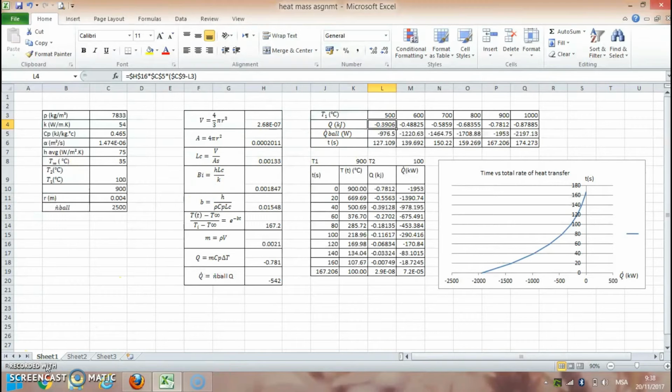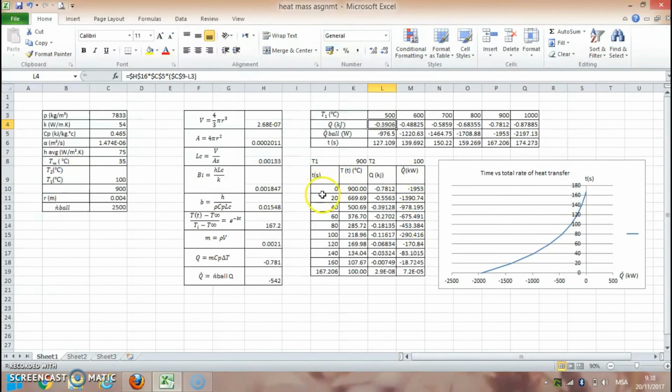For the last part, we are required to plot the time and the total rate of heat transfer as a function of the initial temperature. At first, we have to come out with T using this formula. When time is equal to 0, our T initial will be 900, and the Q that we get is negative 0.7812, and so for Q dot.